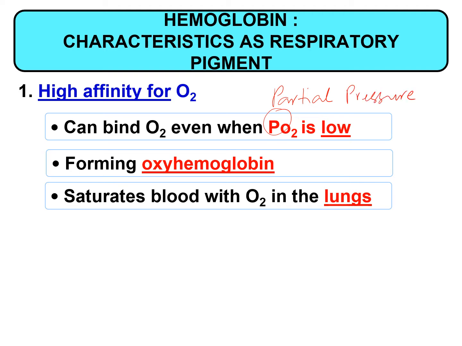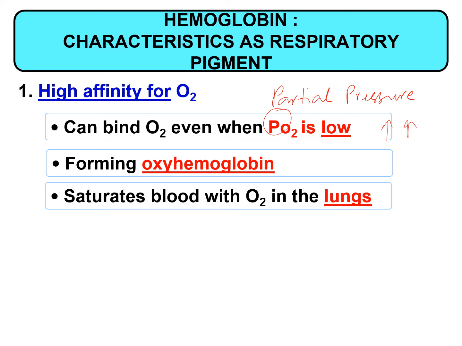We won't use concentration of oxygen, even though partial pressure of oxygen is directly proportional to the concentration of the oxygen, meaning the higher the concentration, the higher the partial pressure.